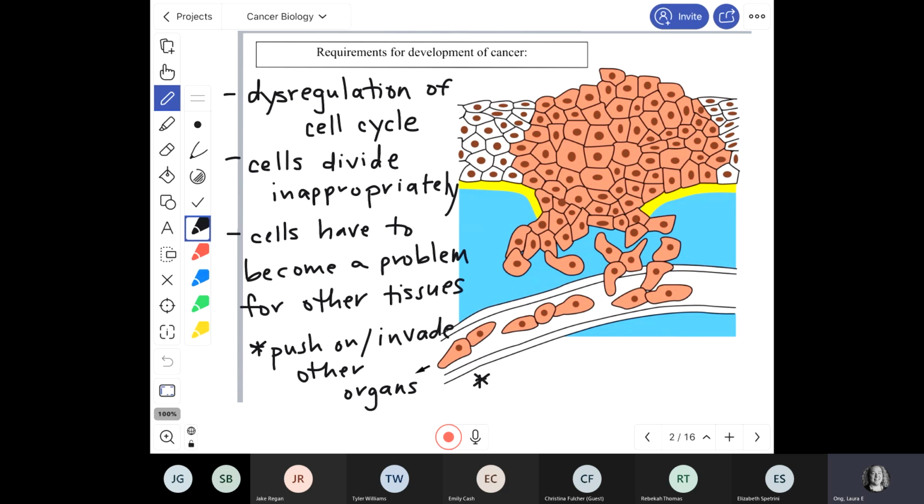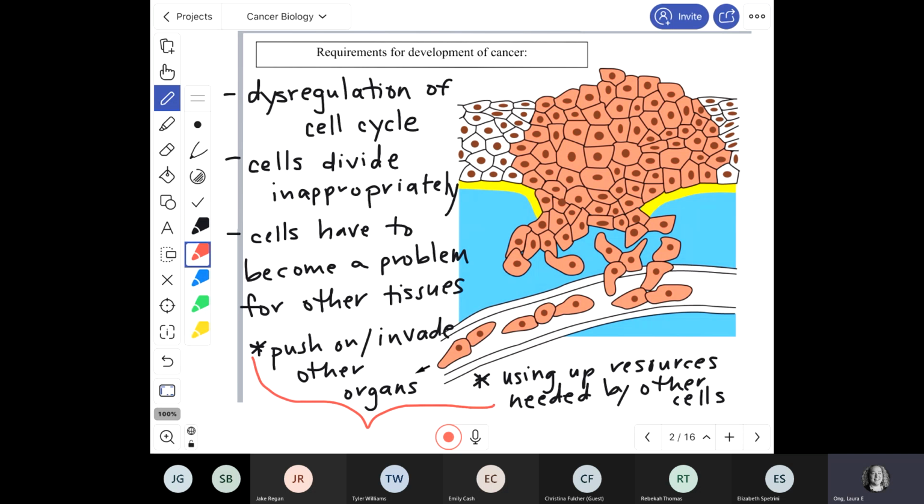Sometimes the problem is that the cancer cells are using up resources that are needed by other cells. And those are the two major problems really from cancer. Both of those problems are requiring, in general, that the cancer is going to in some way move out of its original location.